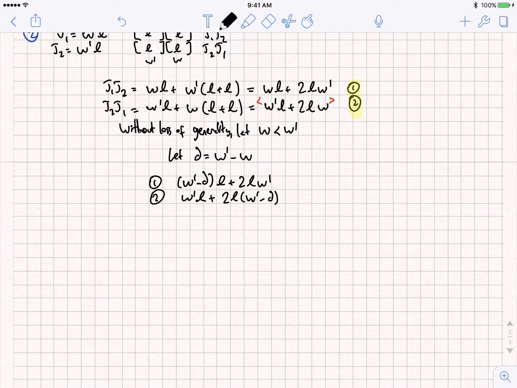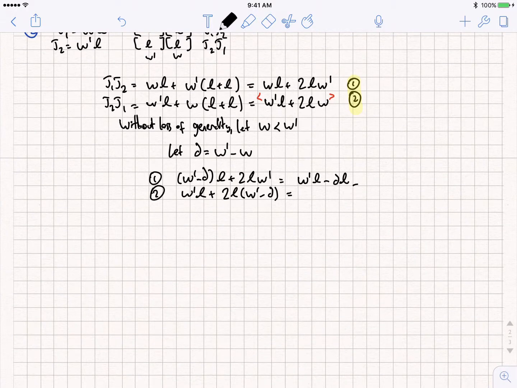Okay. So here we have W prime L minus DL plus 2L W prime, and for the second, W prime L plus 2L W prime minus 2L D. So these two are the exact same, so we can remove them. And this one is the exact same as this one.